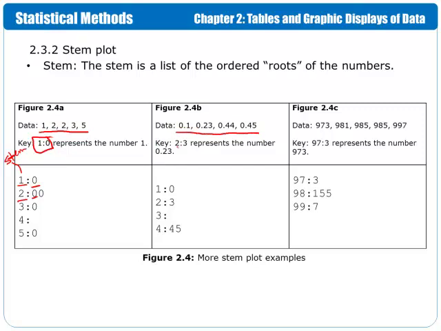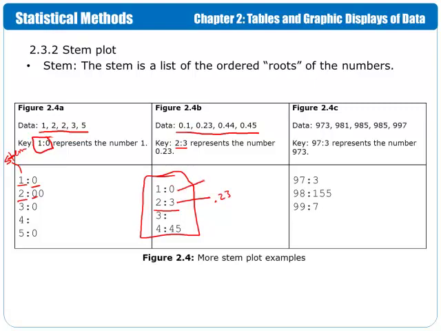So here we have a key that says 2:3 represents the number 0.23. So if we look down here at our stem plot, we find our 2:3. We know that that represents 0.23, and so we deduce from that that the number on the left side, which is in the stem, is the representation of what's in the tenths column, and the number that's represented by the leaf is in the hundredths column.